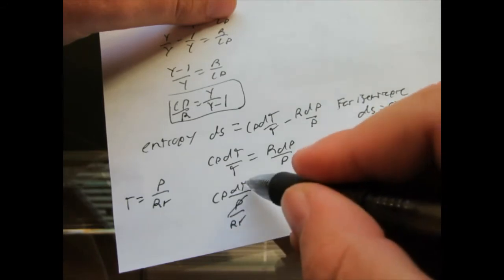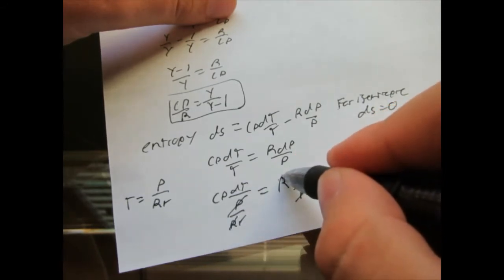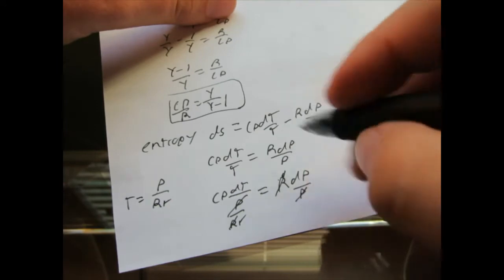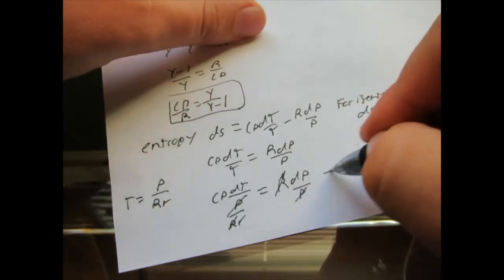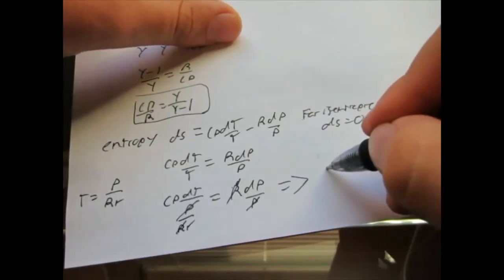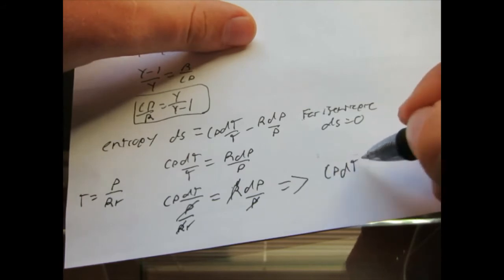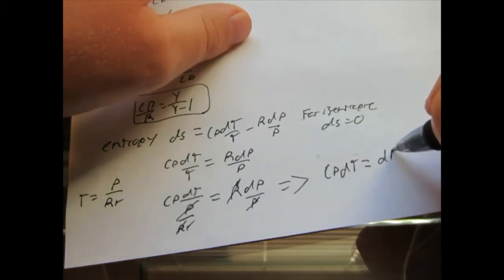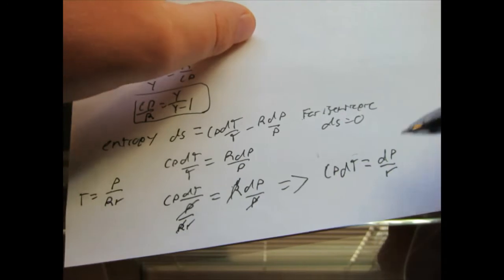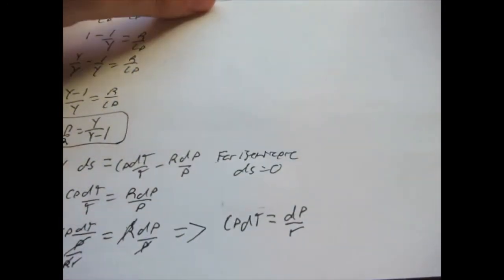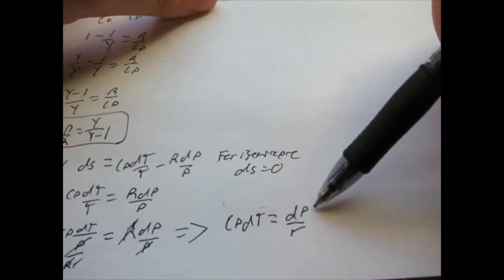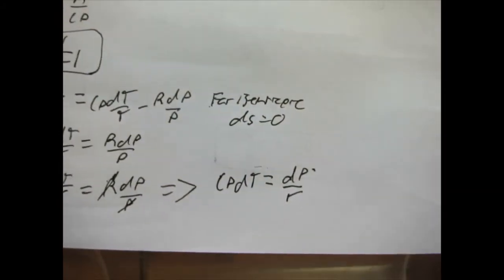This would be flipped up to here, so these cancel too. Then you're just left with Cp times dT equals delta pressure divided by R. Okay? So this is saying that as pressure increases, your temperature is also going to increase.